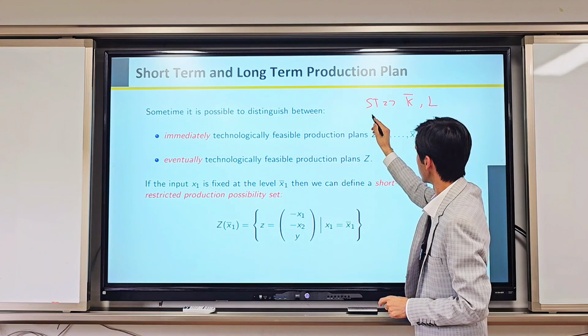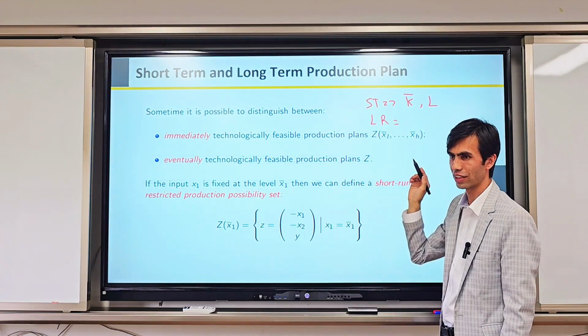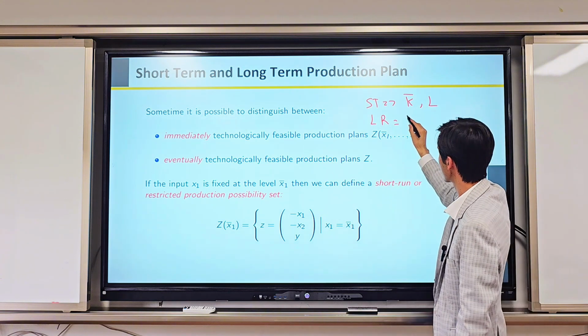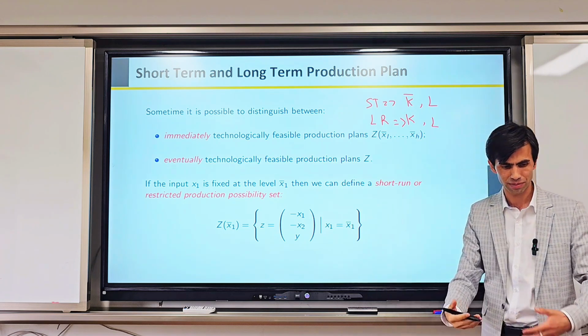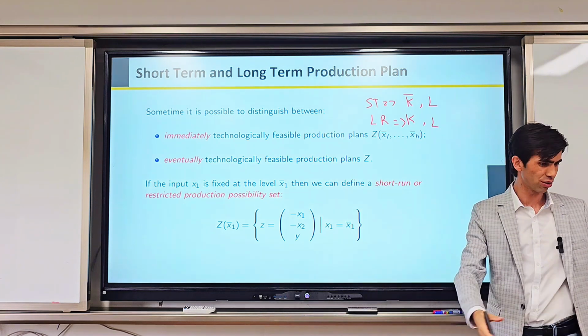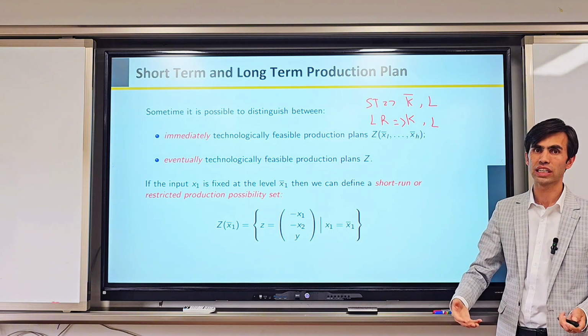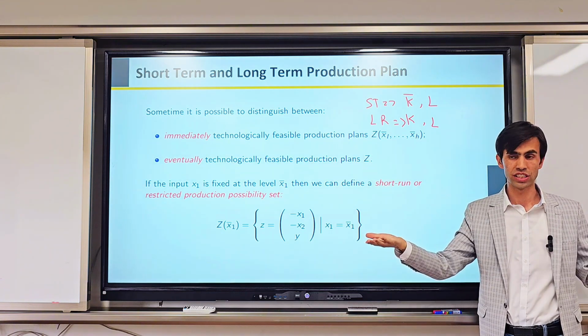But what will happen in the long run? In the long run, everything will change. The capital is changing, the labor is changing, because some years later, we need to substitute this capital that we have. Or even we are going to increase the level of production, the scale of our production.